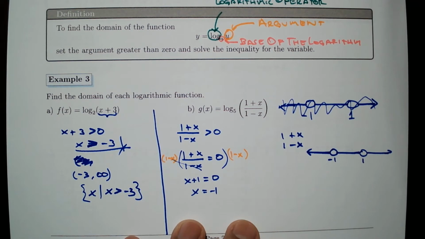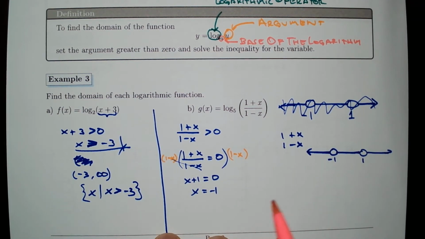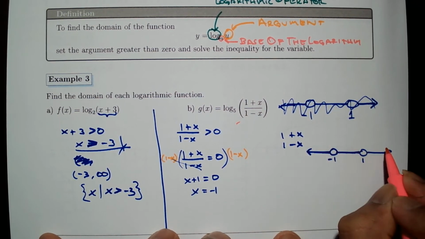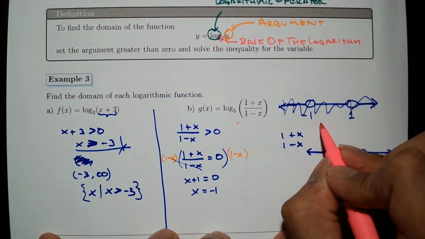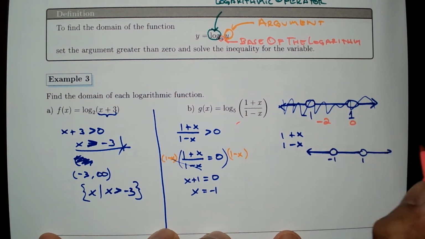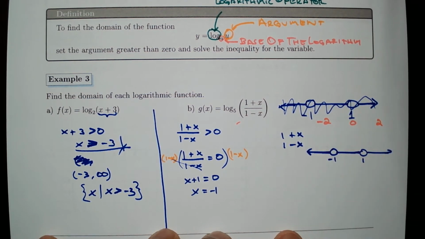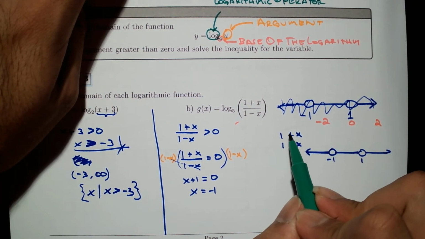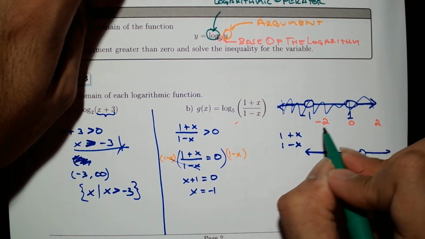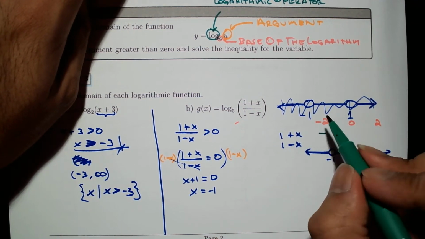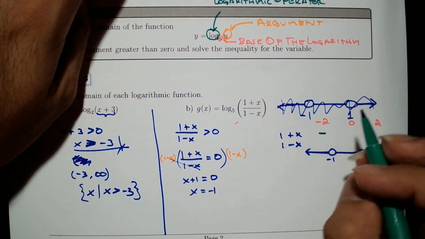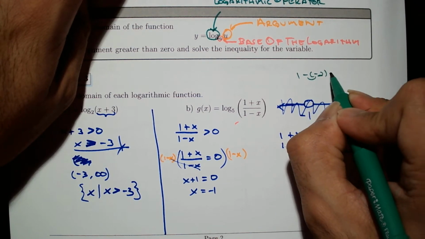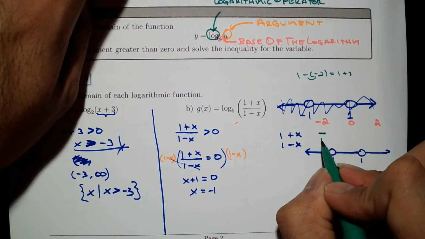So as usual, when we solve a rational inequality, select numbers in between that lie within each interval. So I'm going to choose -2, I'm going to choose 0, and I'm going to choose +2. So I'm going to evaluate -2 on these two factors. So 1 plus -2 is going to be a negative number. 1 minus -2, be careful, doesn't that become a positive? 1 plus 2, which equals +4.